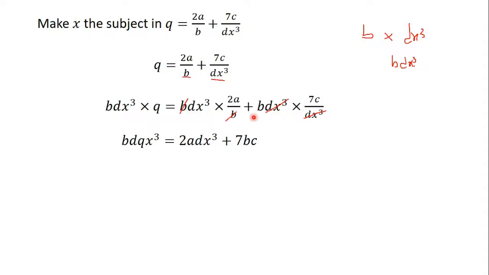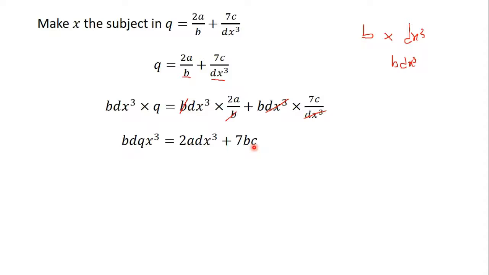When you come here too, since dx exponent 3 has been cancelled out, we have b times 7c. So that's going to give us 7bc. The number will come first, then you arrange the letters in alphabetical order. We explained all this in the video on algebraic expression. If you watch it, you get that in detail.